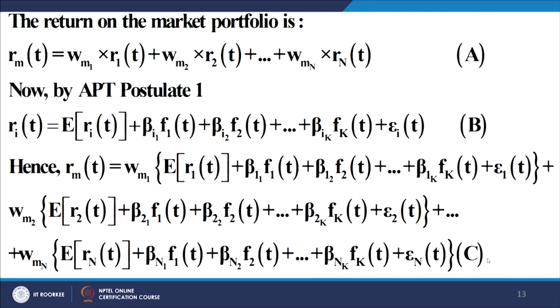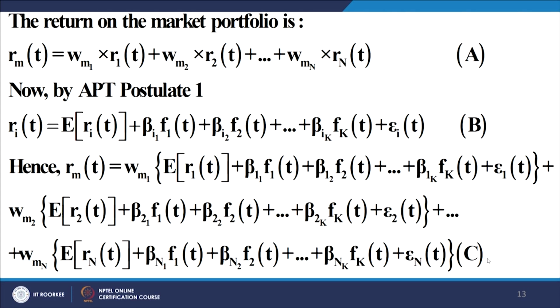So, RMT is equal to, now I substitute from equation B for R1T, R2T, R3T up to RnT into equation number A. What I get is the equation right at the bottom of your slide.